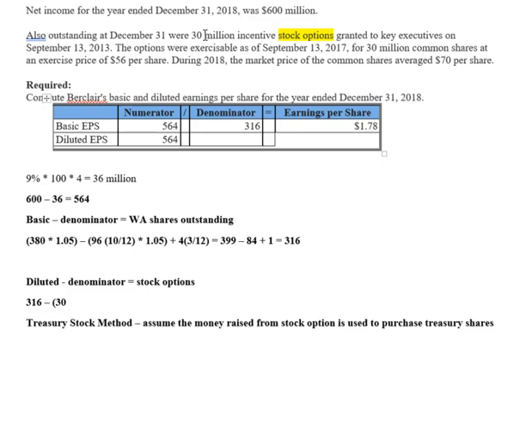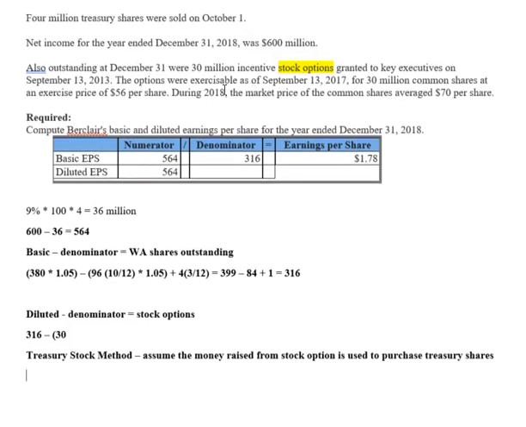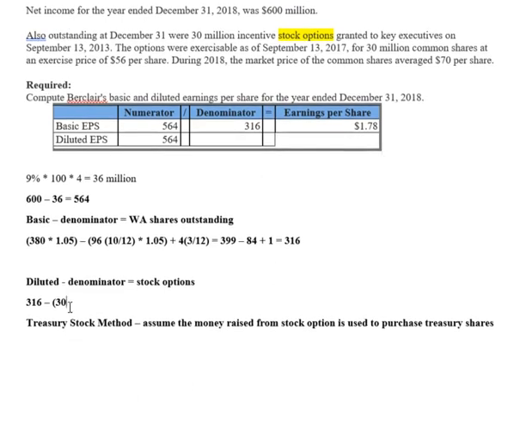Since these options were exercisable all year, 2017, we would take into account all 30, but we would assume that all the money we raised from those shares would go to purchase Treasury stock. So how would we find that? Well, there were 30 million shares and the price per share was $56.